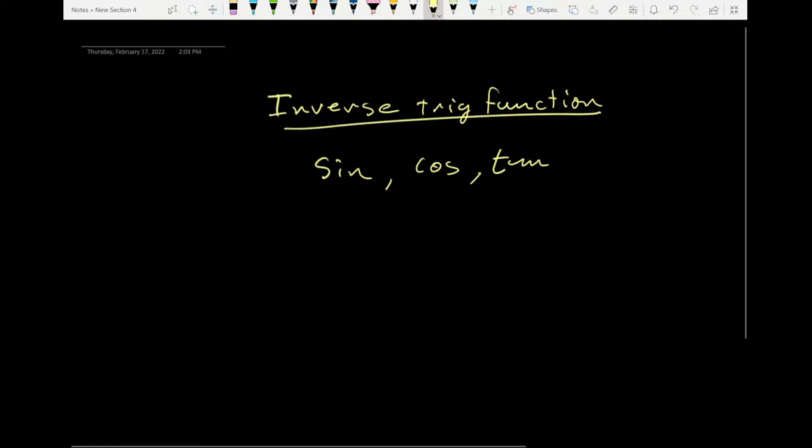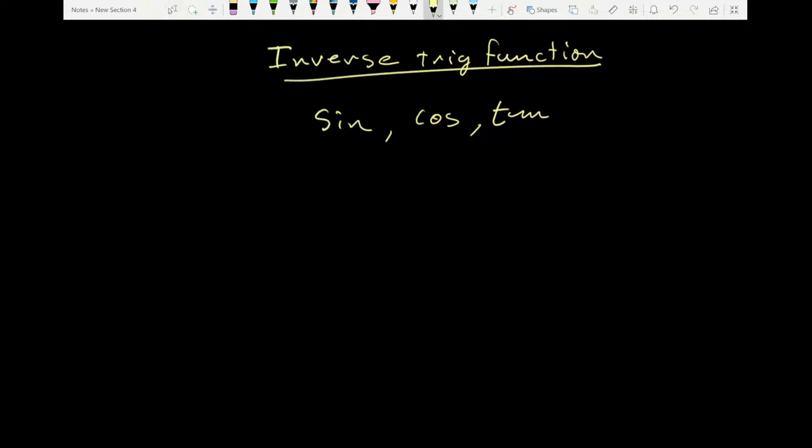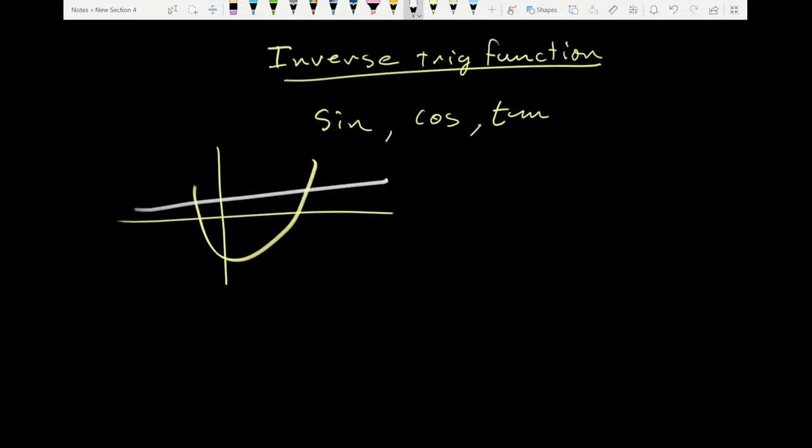Now, in order to be inverse trig functions, do you guys remember, in order for a function to be one-to-one, it has to pass the vertical line test.